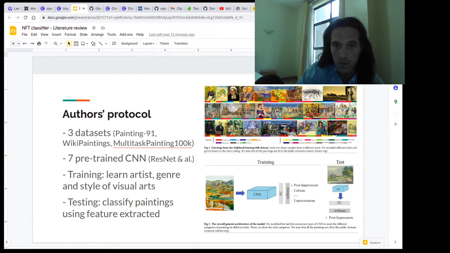As you can see in the first illustration, each stripe has one artist's work, like Vincent van Gogh, Maurice Prendergast, and Paul Cézanne, and each of these paintings is categorized by style and genre. Then the testing task consists in classifying paintings using the extracted features and telling the user which artist, genre, or style the presented painting is.